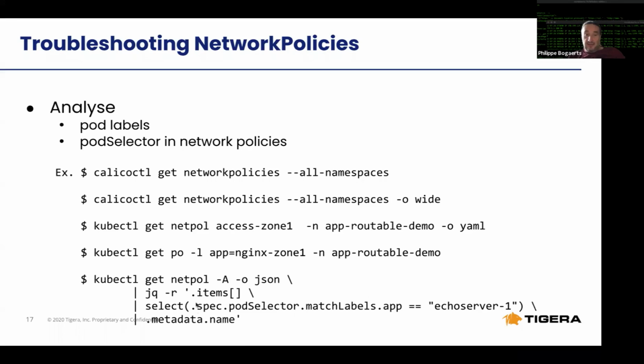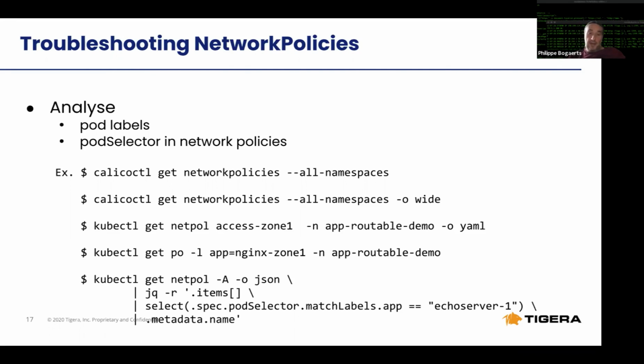Last but not least, this more complex example basically tells you the name of the network policy that is applied to a specific label. So if you have a pod with a specific problem and it has a label like, for example, app equals echo server 1, well, this command can actually tell you which network policy is applied to this label.